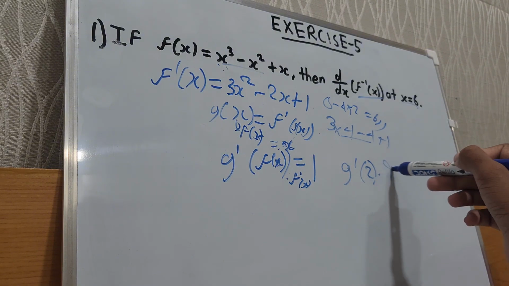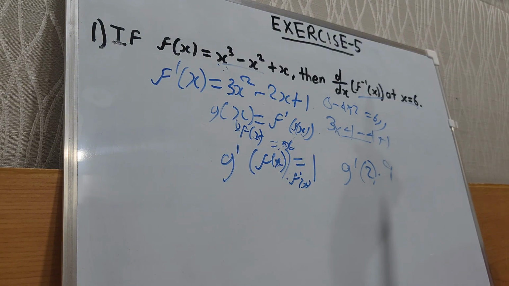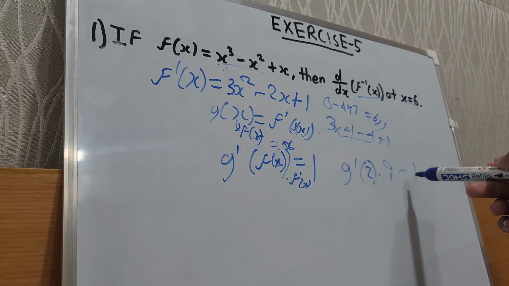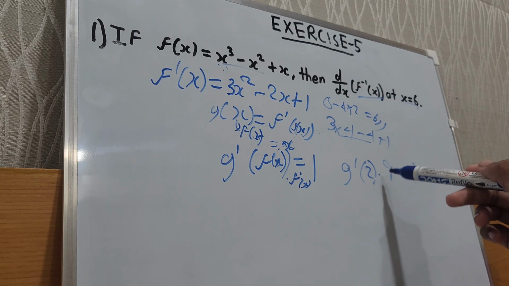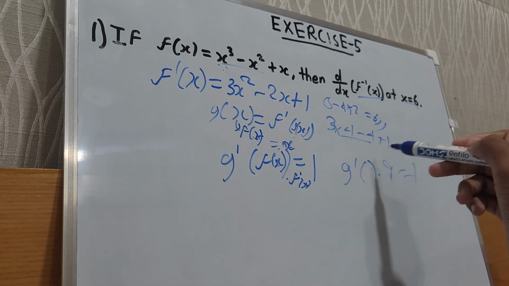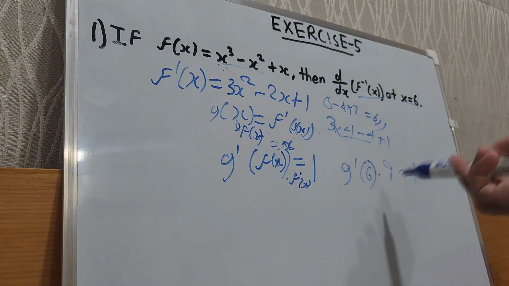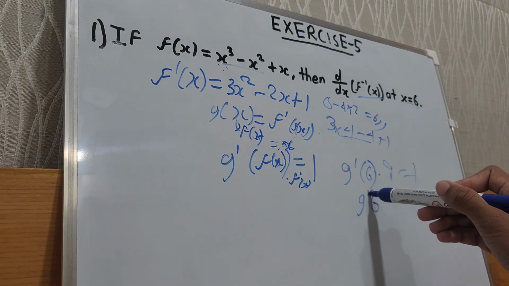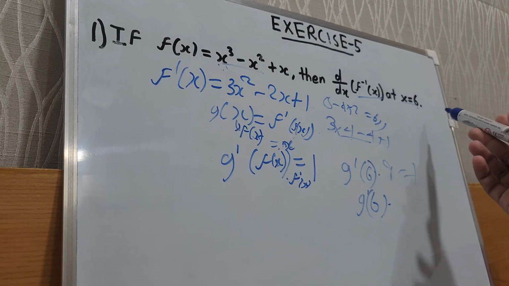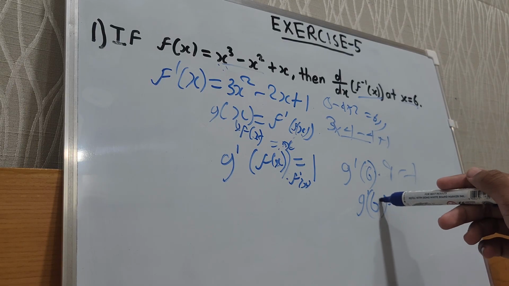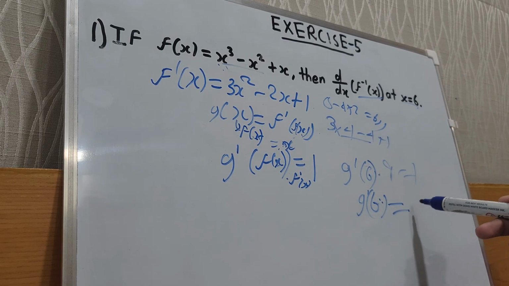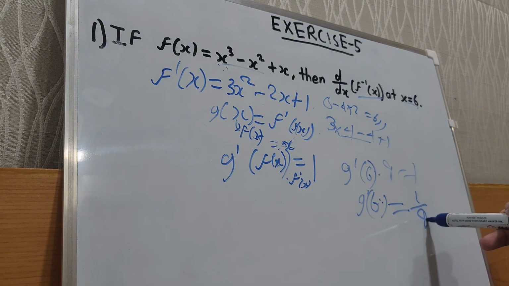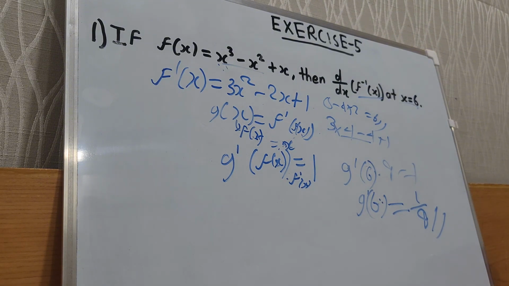So g'(2) into 9 is equal to 1. Here g'(6), the inside value is 6, into 9 is equal to 1. Then g'(6), that's what they're asking, when x is equal to 6, is equal to 1 by 9. So that's the answer for this question.